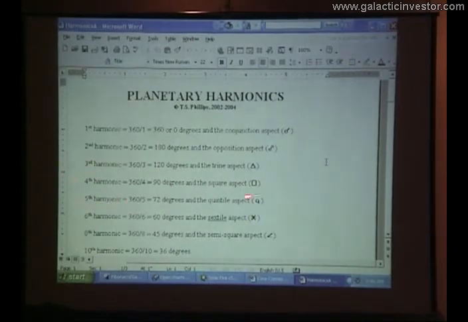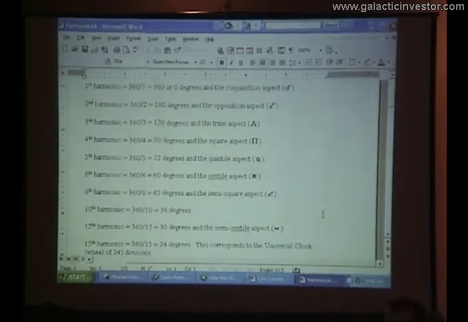And then we have the square, which is a 90 line. The fifth harmonic, 72. The sixth harmonic is 60. Eighth harmonic is 45. Now, when you get into the program, you're going to notice on some of the reversal days in aspect research that 135-degree aspects will be coming up.